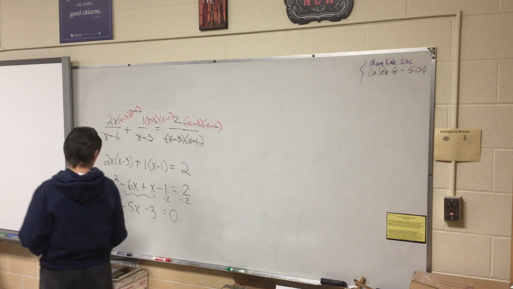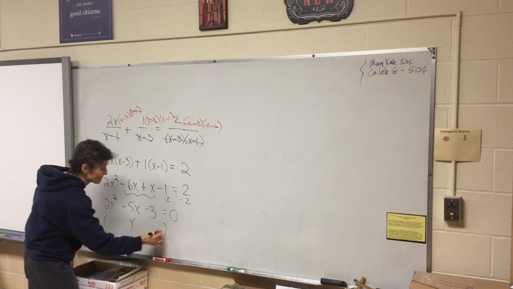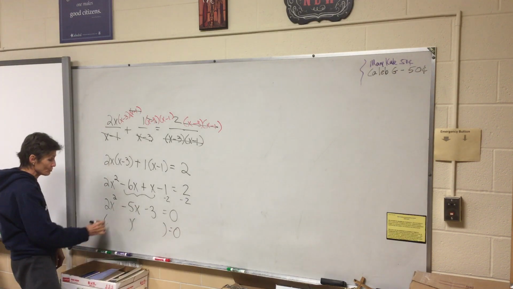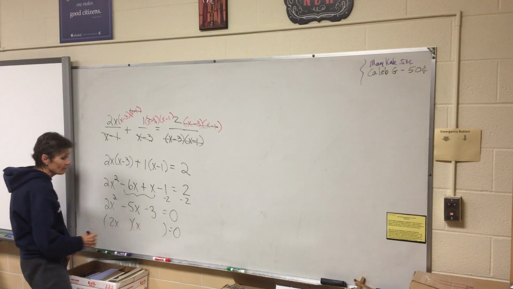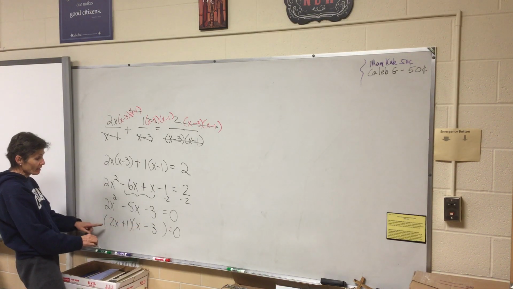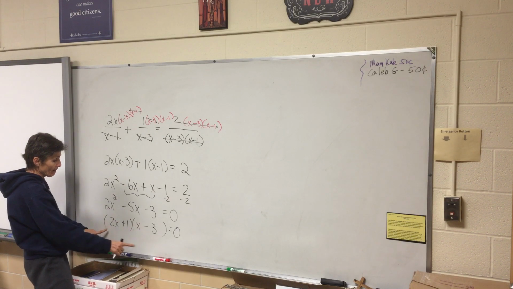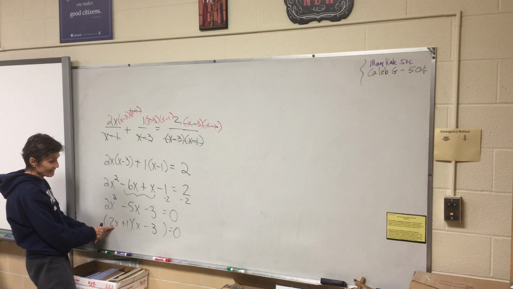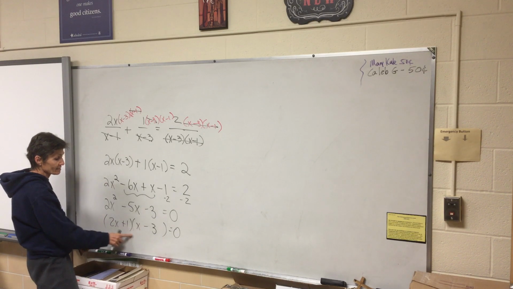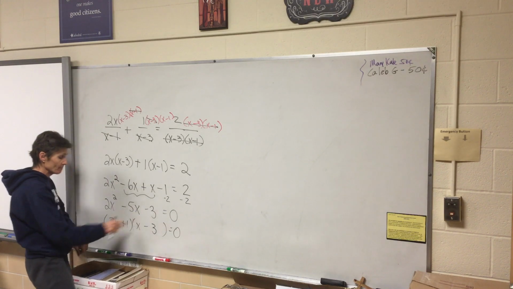Okay, so this does factor. If it's kind of a harder factoring, if you don't want to factor it or don't see how it factors, you can always use the quadratic formula. But this does factor, because when I FOIL it, I get 2x squared minus 6x plus 1x, so that would be negative 5, and then minus 3.